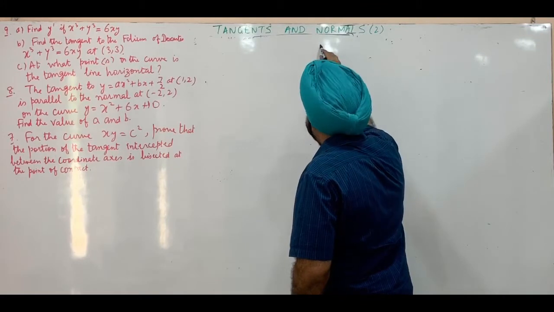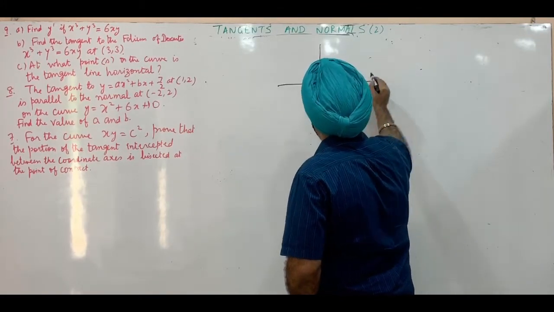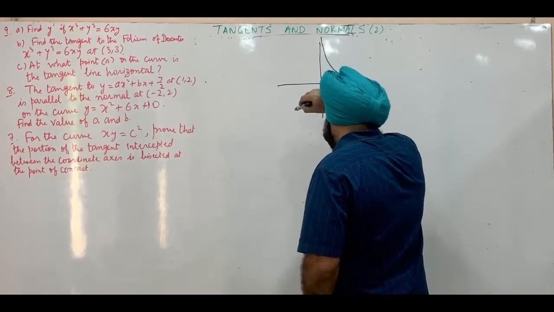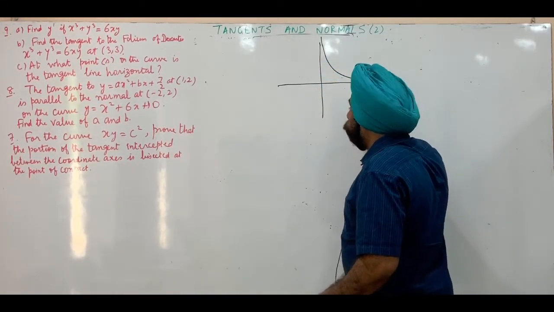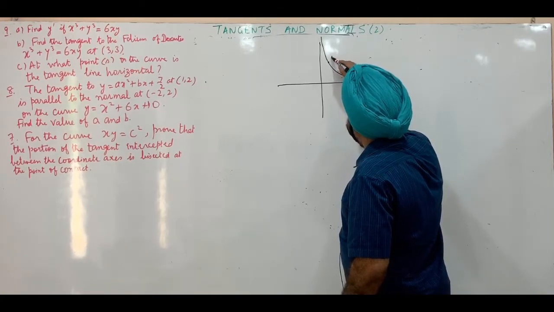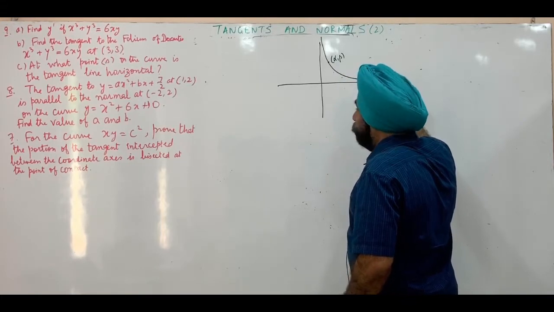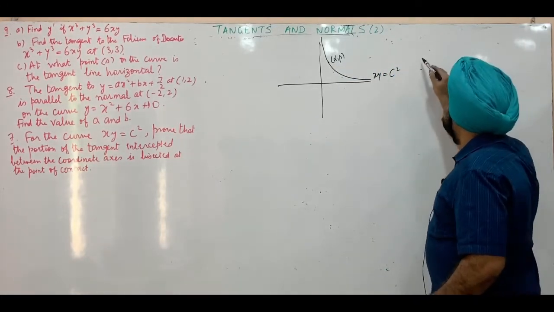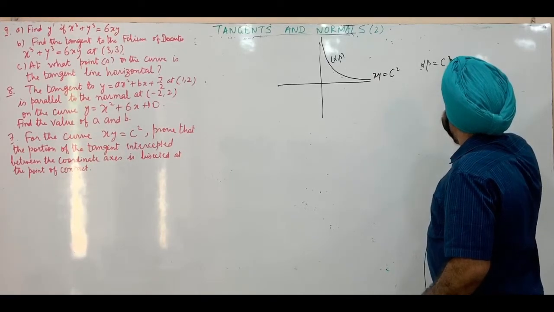So x into y is equal to c square. Let's say the point of contact is alpha comma beta. This point lies on this curve. This means alpha into beta is equal to c square.